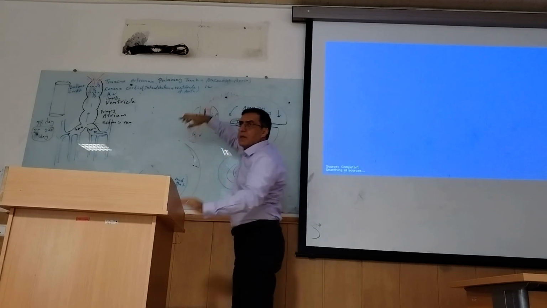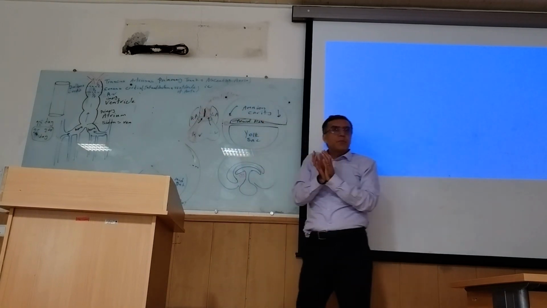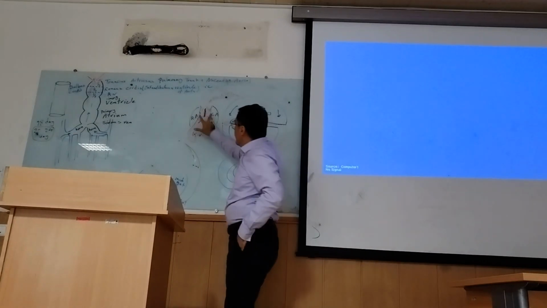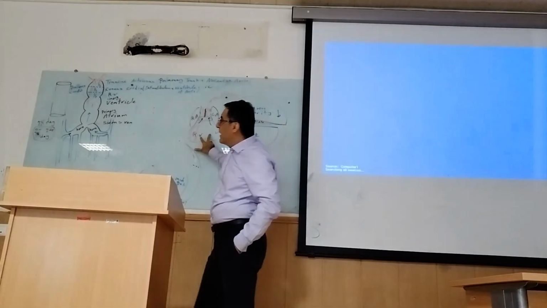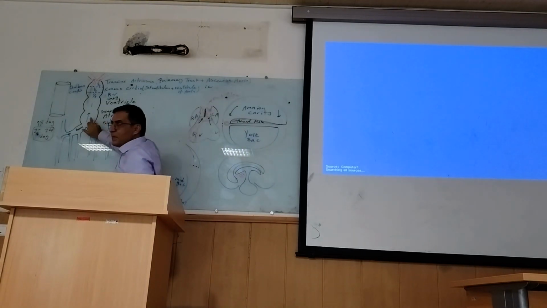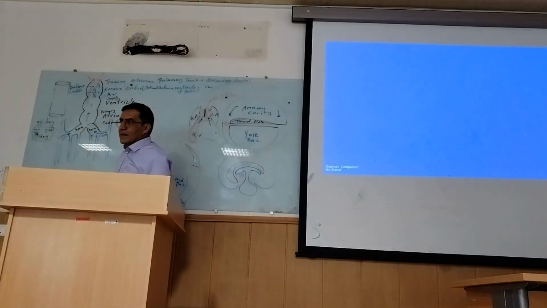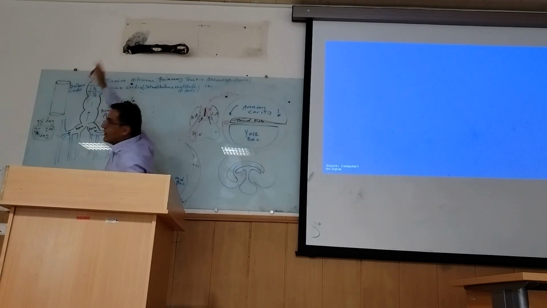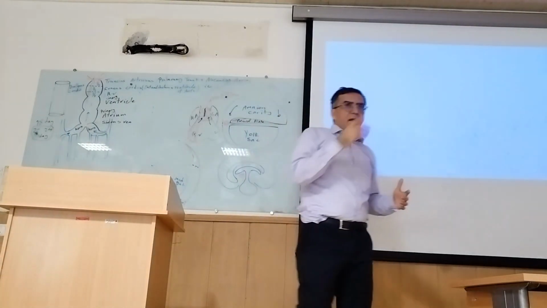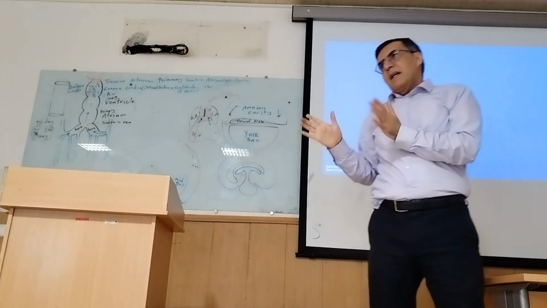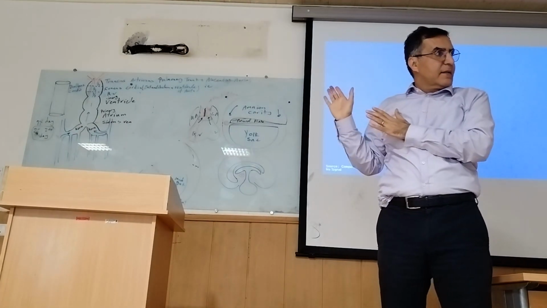In the normal heart, the atria are situated above the ventricles, and the ventricles are situated lower. But here, the atrium is situated lower than the ventricles, and it's a long tube. It's not exactly the same as the human heart.